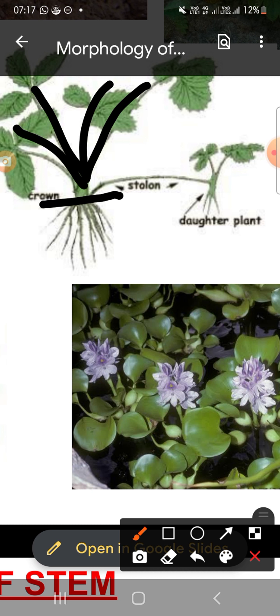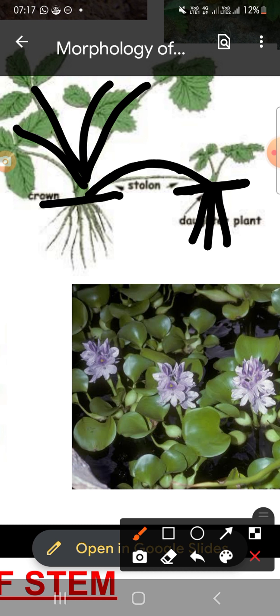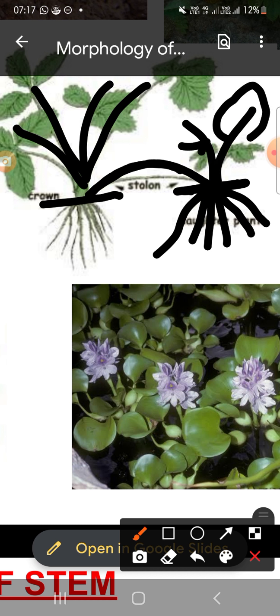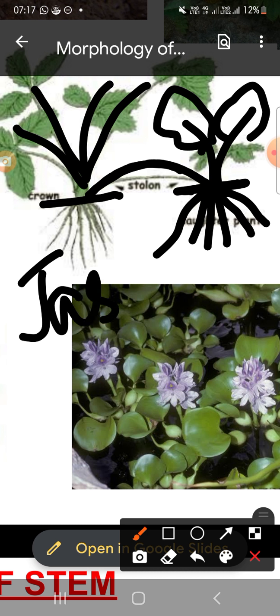A stem is arising from the position which is just above the ground like this. Slowly it is growing and then again coming in contact with the soil. When it comes in contact with the soil, it starts developing the roots, and then the shoot. This feature we will see in jasmine plants in our garden.